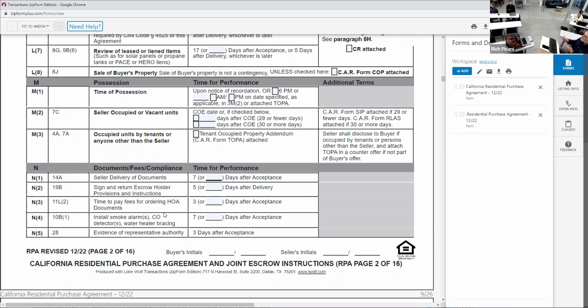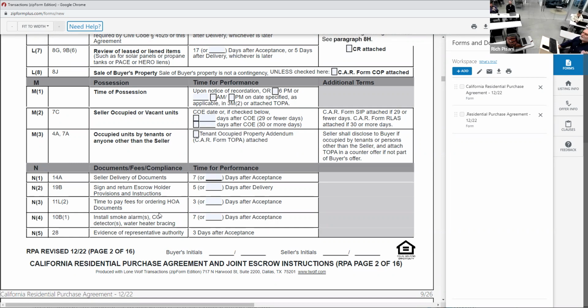A person, an authorized signer of that entity, can sign a document. So evidence of that is a copy of the trust, a copy of the letters, the articles of incorporation, a copy of the power of attorney. You have probate stuff. That's evidence of a representative authority.